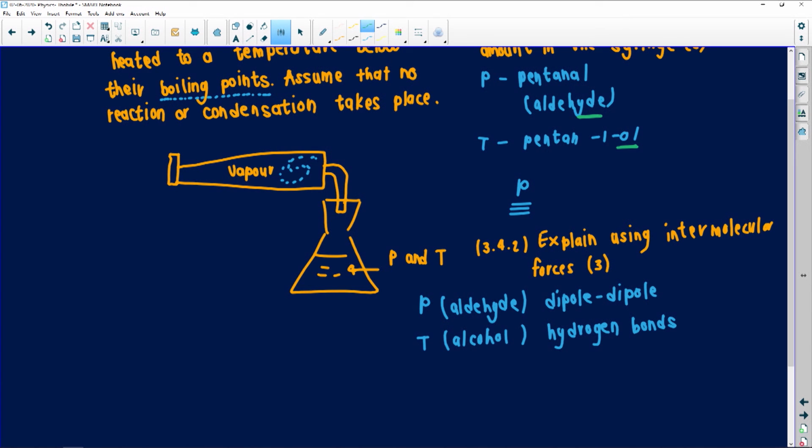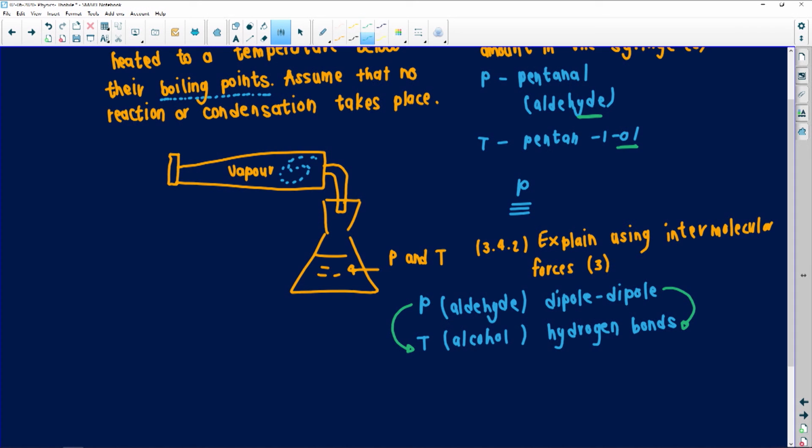Explain using intermolecular forces. So if I look at P, I can say P has weaker intermolecular forces than T, because P has dipole-dipole forces and T has hydrogen bonds. Or you can say dipole-dipole forces are weaker than hydrogen bonds. Or we can do it vice versa.